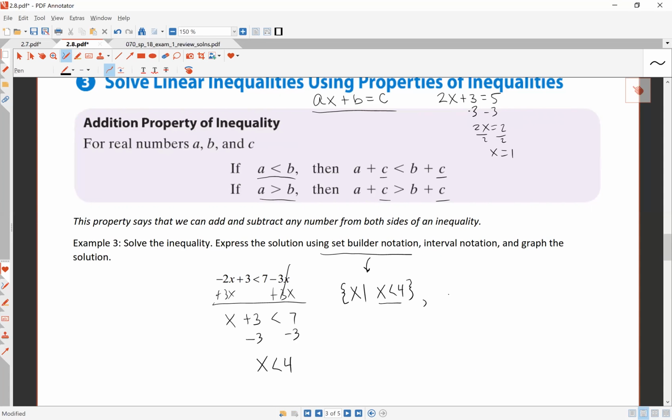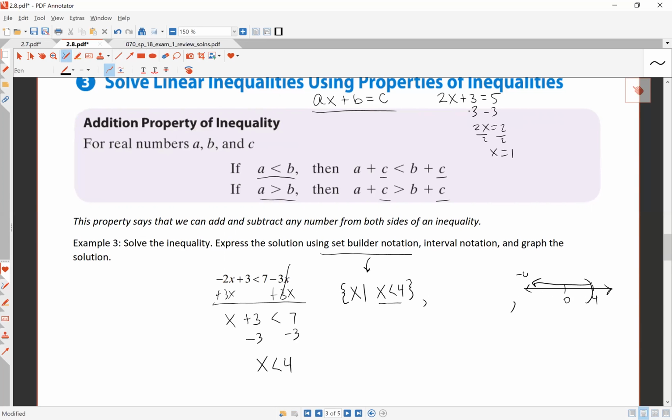Interval notation. I like to graph it first before I do the interval notation. So everything less than 4, or to the left of it. Now the interval notation is easy once you see that.